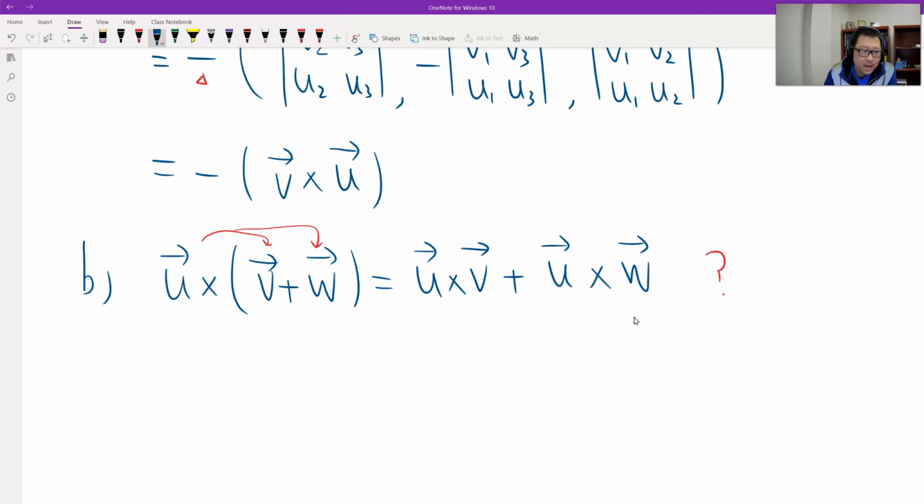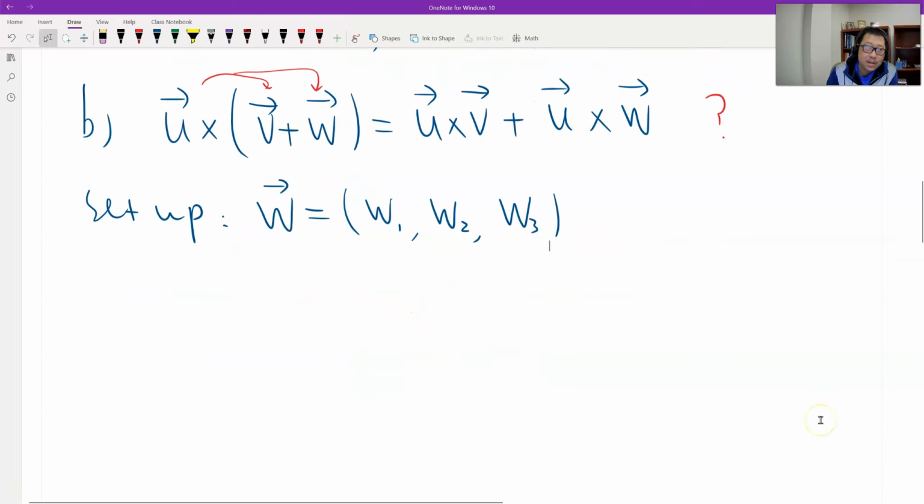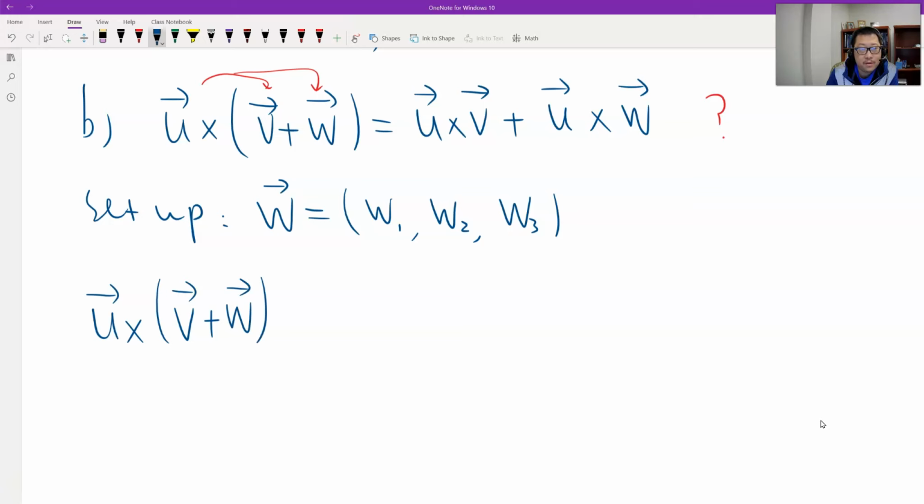We have U and V set up, so we need to set up W, one more. Let me say W1, W2, and W3. U1, U2 is the same as before. We already set up, so therefore I do the calculation from the left: U cross (V plus W).